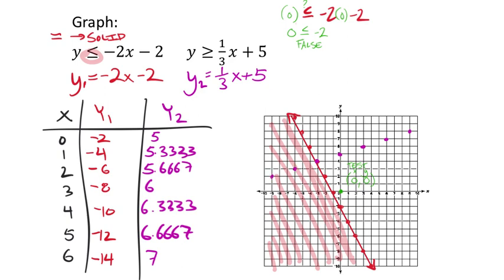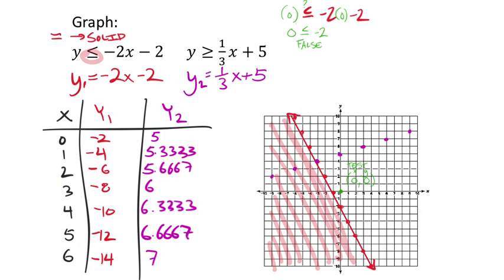So I've got these purple ordered pairs that I've just put onto the graph from my second equation, which I used purple for, right here. But now I've got to see, am I going to connect the purple points with a dashed line or a solid line?